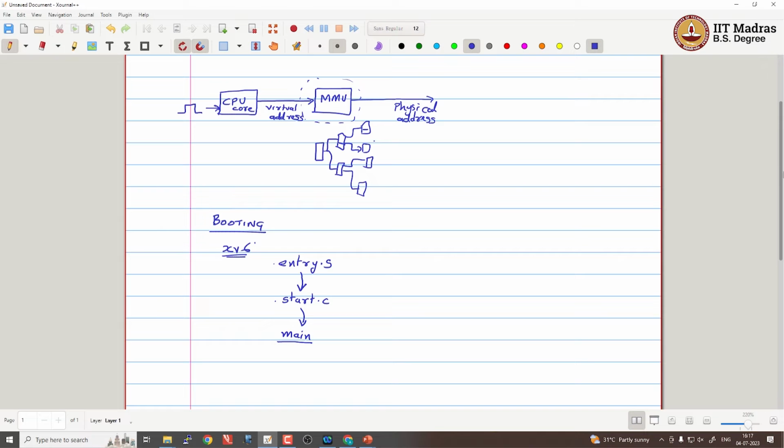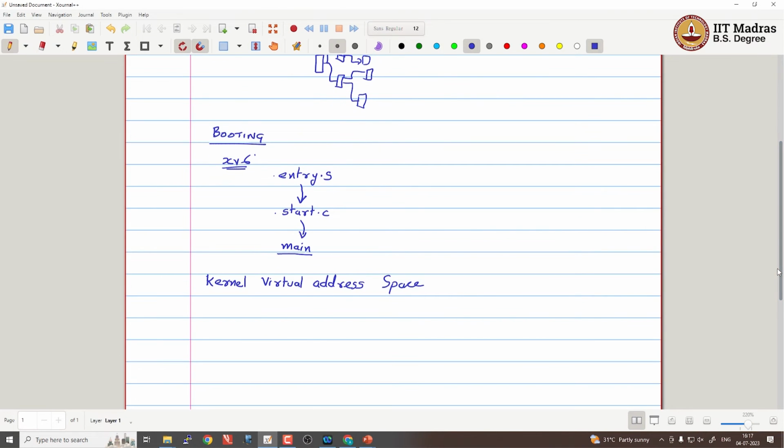Now, in order to create this concept of kernel virtual address space, the OS needs to know about the memory map of the system. And so it creates this virtual address space considering the memory map of the system.